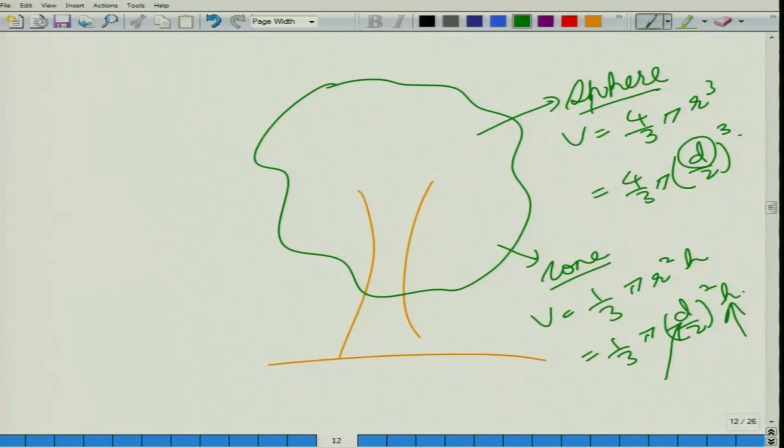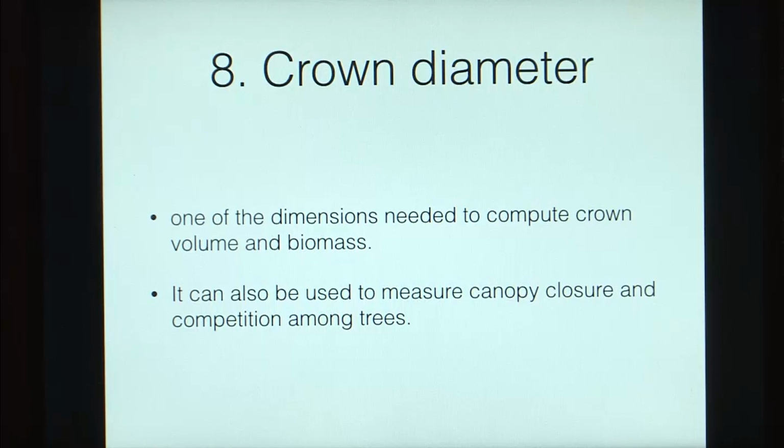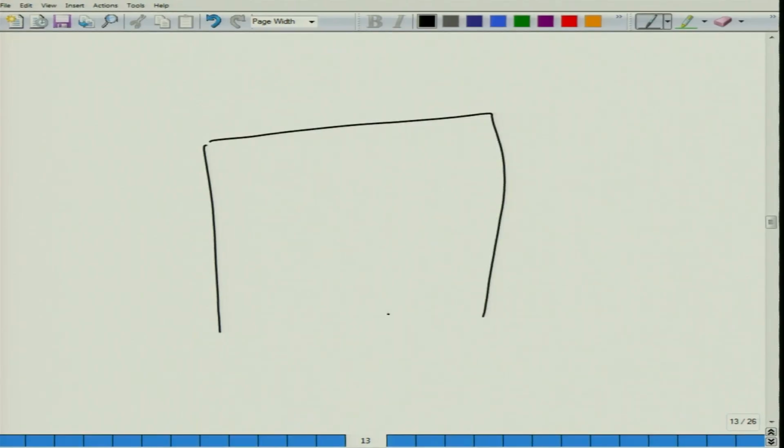So now coming back to the slide, crown diameter is one of the dimensions that is needed to compute crown volume and biomass. It can also be used to measure canopy closure and competition among trees. So for instance, suppose in this area you have 4 trees, so these are the stems, and let us consider the first diameter.